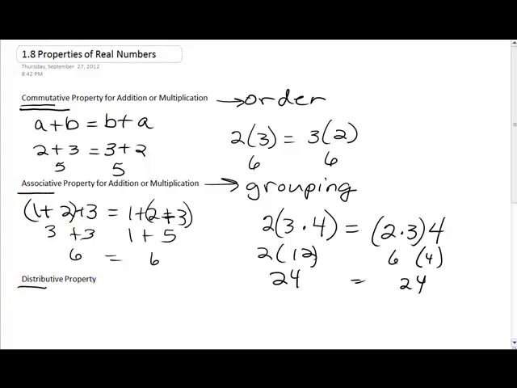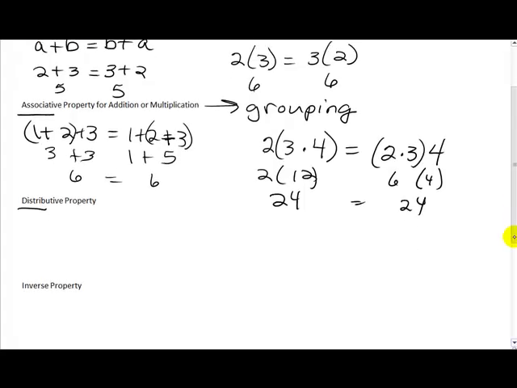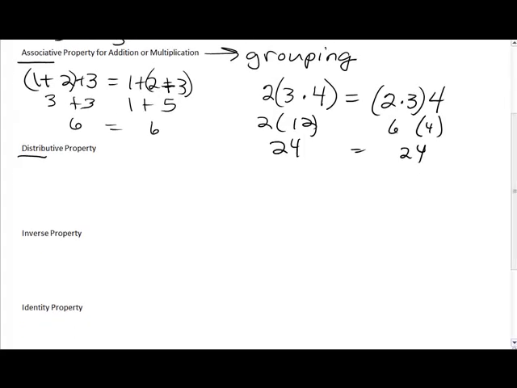The distributive property is something you're going to use a lot in this class. Looks like this. We've got 3 times x plus 2. We're going to expand it because we're multiplying the 3 times the x and the 3 times the 2. So it will look like 3 times x plus 3 times 2.